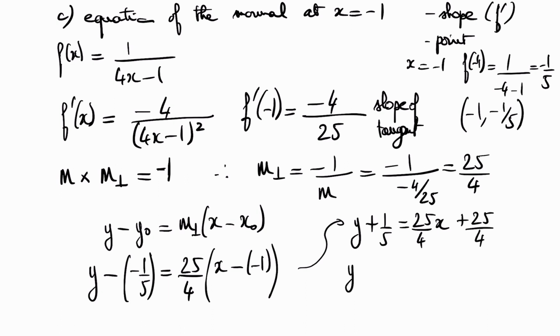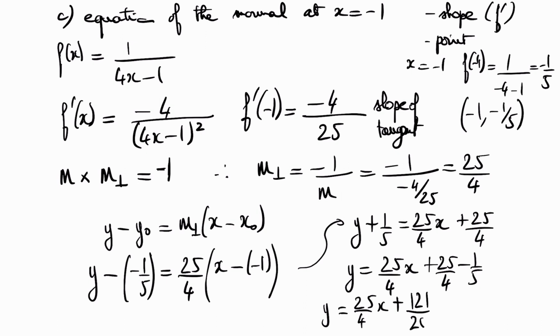So y equals 25 over 4 x plus 25 over 4 minus 1/5, which simplifies as y equals 25 over 4 x, and then 25 over 4 minus 1 over 5, which is 121 over 20, which is the equation we were after. Here we go.